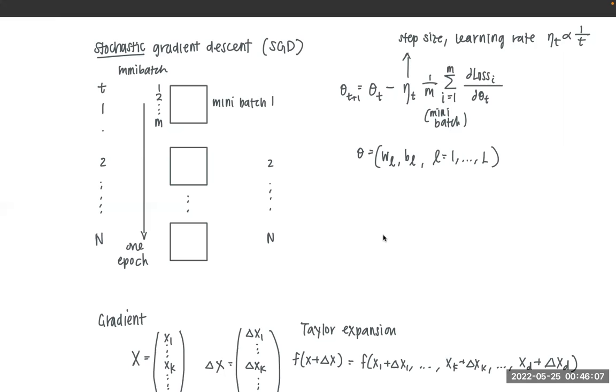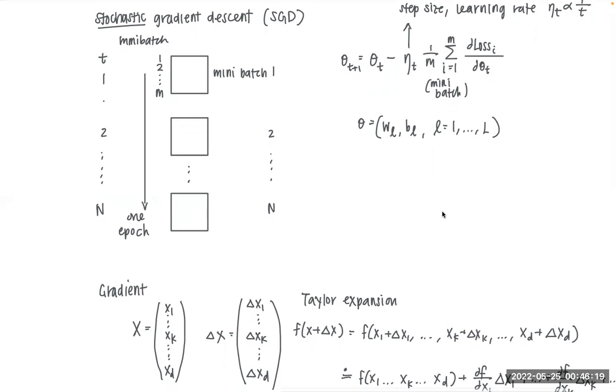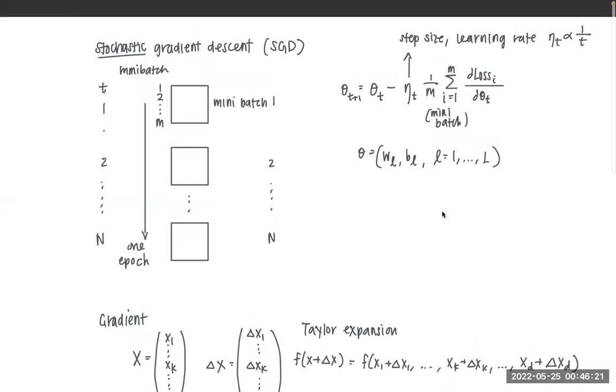Originally your learning rate should be big enough, so you learn very fast. But as you get closer and closer to the local minimum, you should reduce your learning rate to allow your algorithm to converge. So that's the basic idea for training the model.